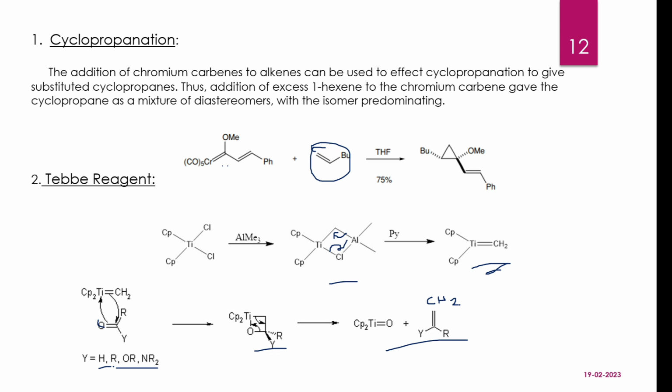From ester or amide we can't get it, but with the Tebbe reagent, all these types of carbonyl compounds, aldehyde, ketone, ester, amide, everyone can react with the Tebbe reagent, giving us this type of alkene as a product. So this is the advantage of the Tebbe reagent.